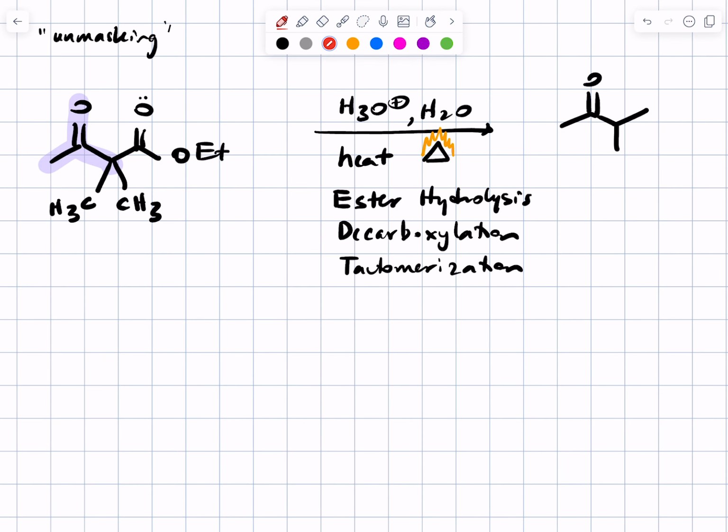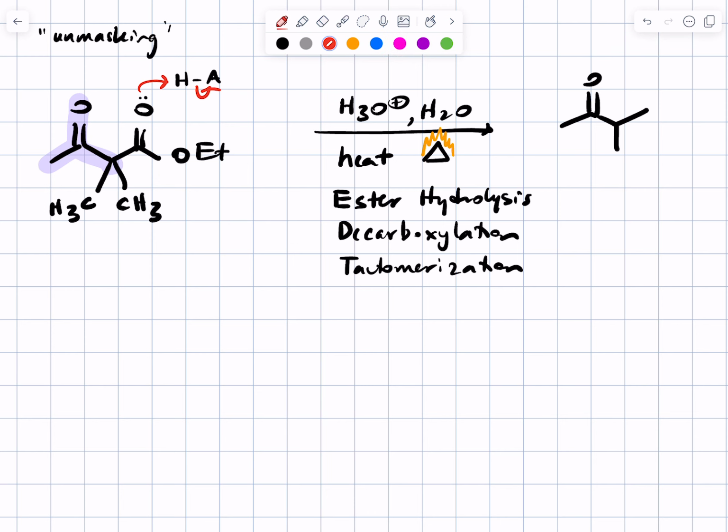So when we do ester hydrolysis, what's the first thing to happen? We want water to attack the ester carbon, but first we have to protonate the carbonyl. Good. We'll do that with our aqueous acid.